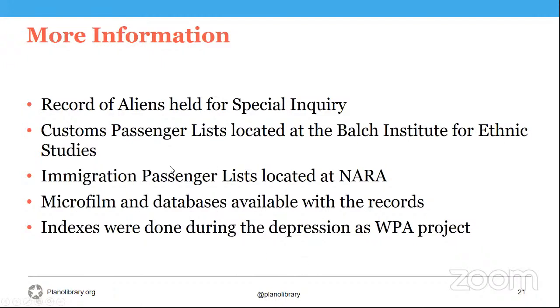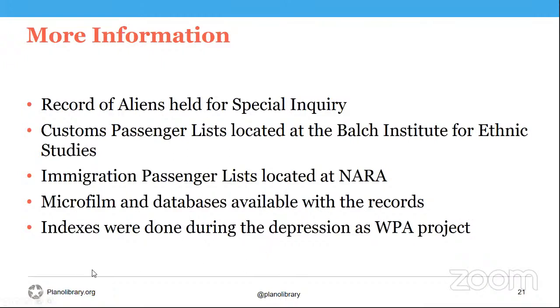In the early days, all we could do was depend on the microfilm, and they weren't even indexed. A lot of times you had to know the time period and the place that they came in and then try to do an interlibrary loan or go to the National Archives or the Balch Institute to look at the microfilm itself. So it was nice when the indexes were created and they started digitizing these records and making it more available.